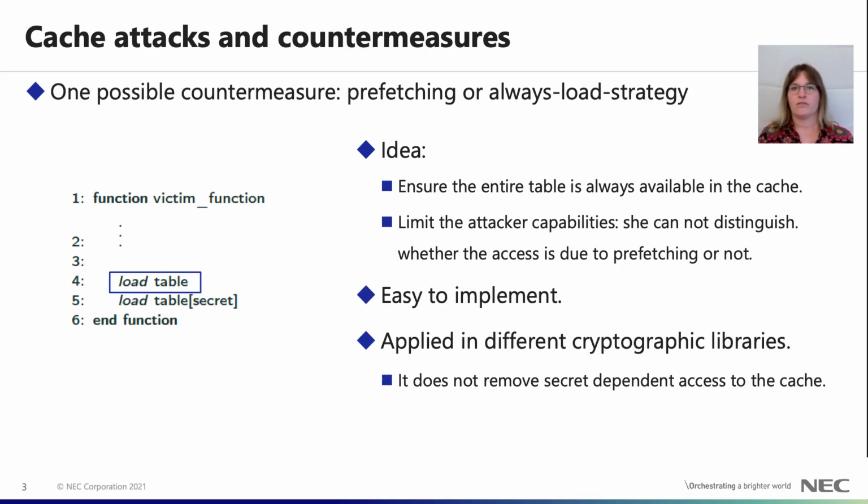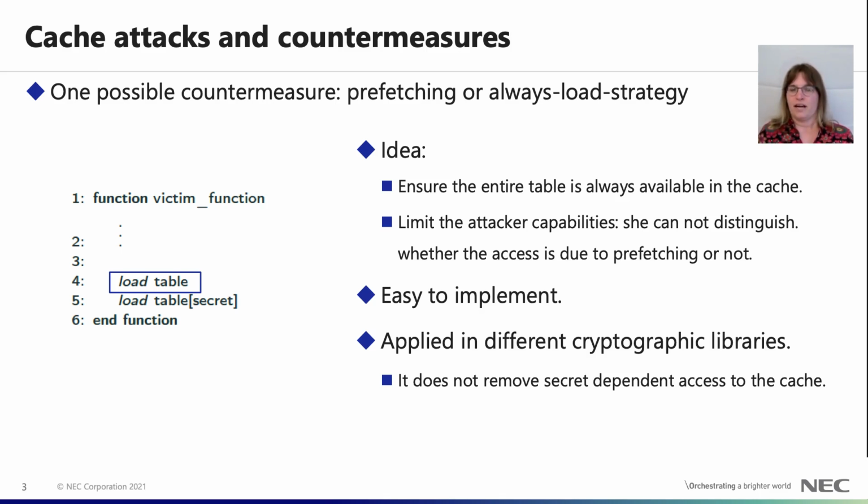One possible countermeasure against this is prefetching or an always-load strategy. As you can see in line 4, we added the blue box where we always load the table into the cache. The idea is to ensure that the entire table is always available in the cache.